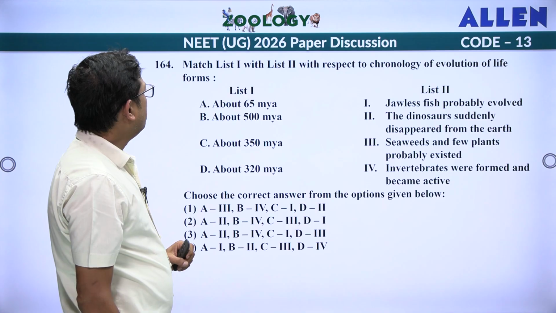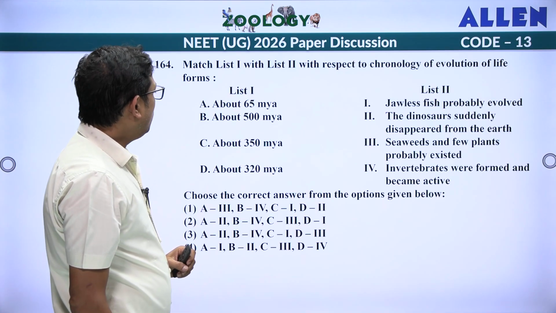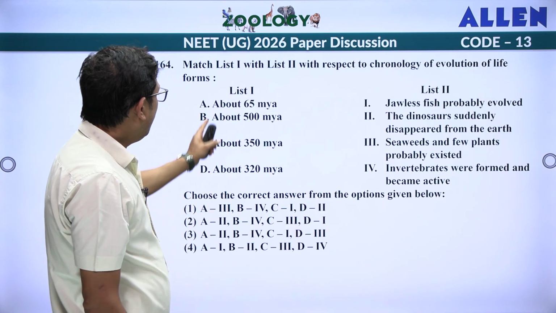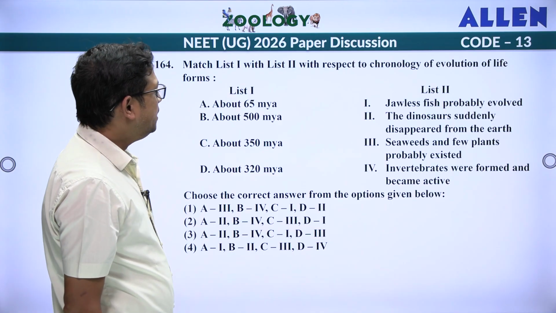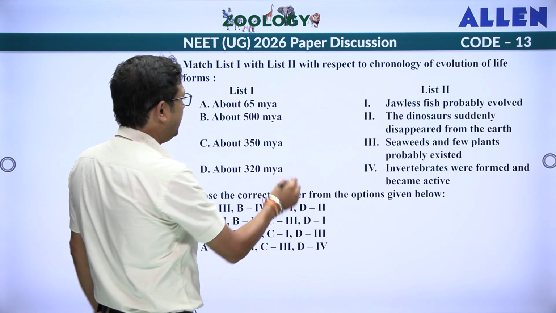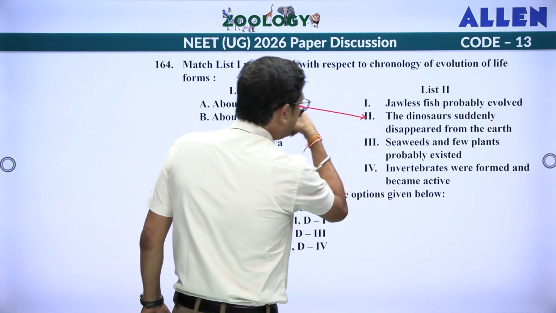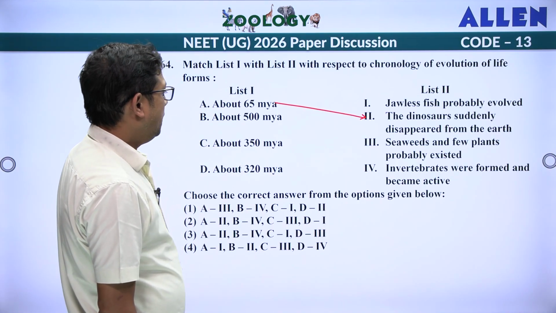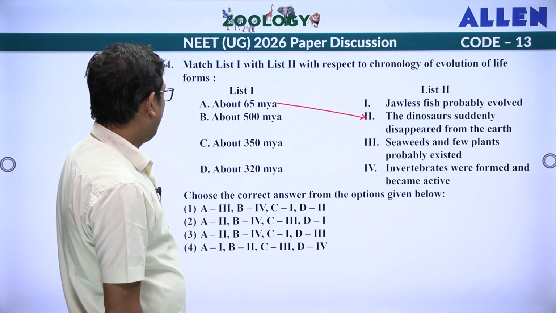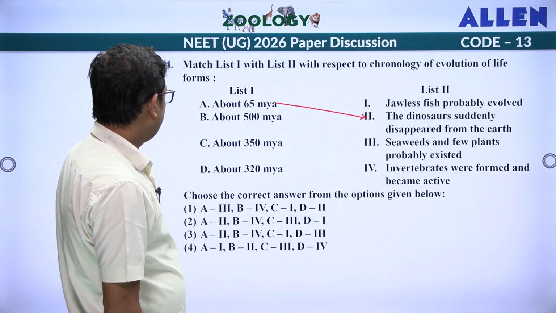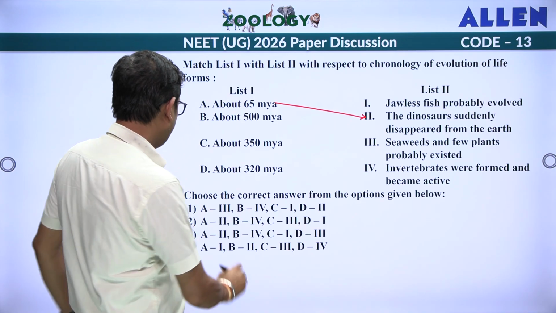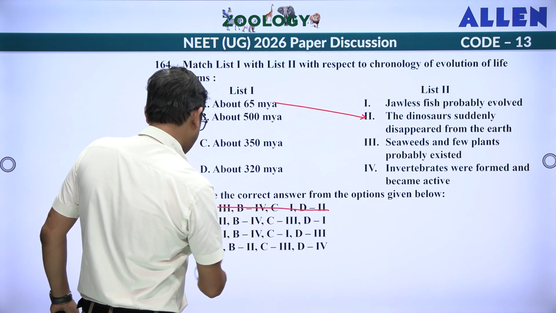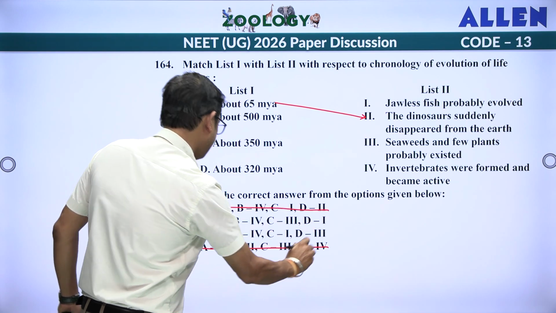Next, match the list. Okay. These all are NCERT data only. About 65 million years ago, what happened? Dinosaurs went extinct. A should be 2. So I have to eliminate first one and fourth one.